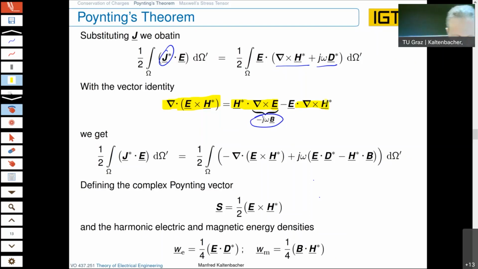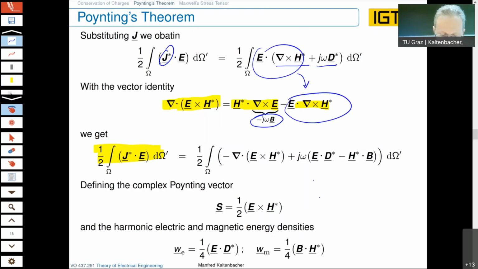Okay, so we again have the term which we want to express by the electric and the magnetic fields. So we now have here the following, that we express this term here, which we also have here. We should not forget that we have a minus.